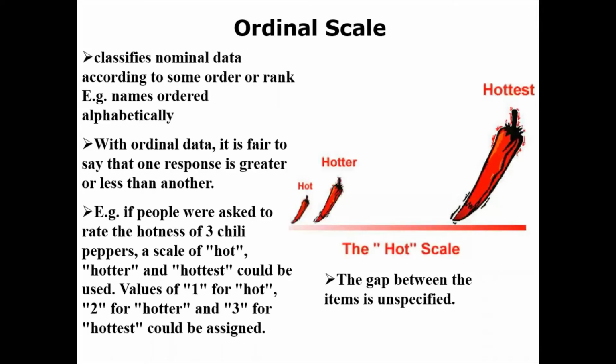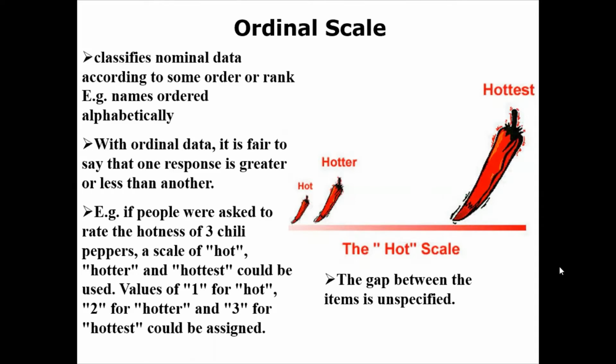And the next type is ordinal scale. The first one is nominal scale, just to categorize the data. The second one is ordinal scale. The ordinal scale classifies nominal data according to some order or rank. So ordinal scale is used when you are going to identify the order of the options, or when you are giving a rank for some aspect.